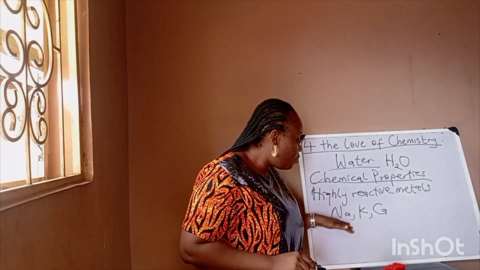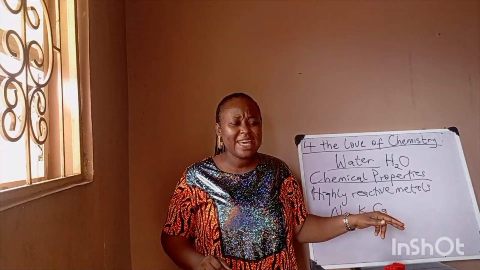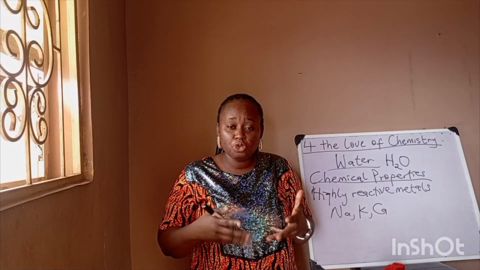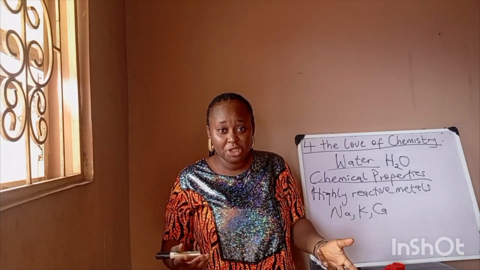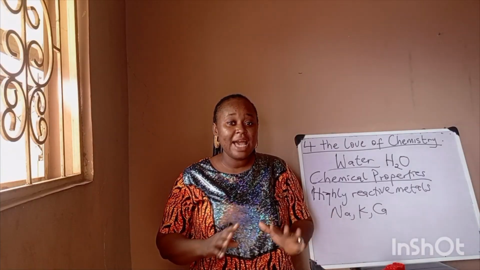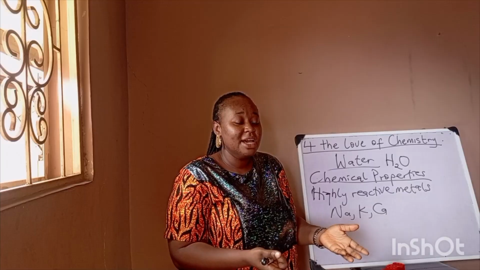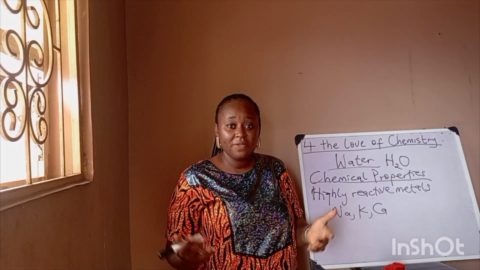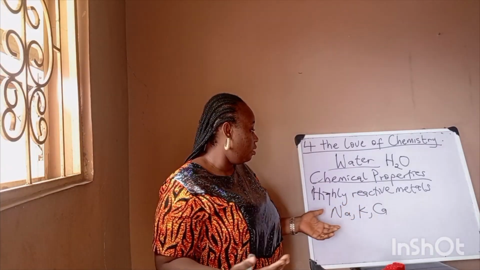In fact, when you are reacting sodium and potassium, you have to be very careful. The reaction is so violent that it can lead to corrosion if that thing touches you. And the reaction is exothermic, that is, it produces heat at the end of the reaction. When you touch the back of the beaker, whatever you're using to do the reaction, you see that it is warm or hot.